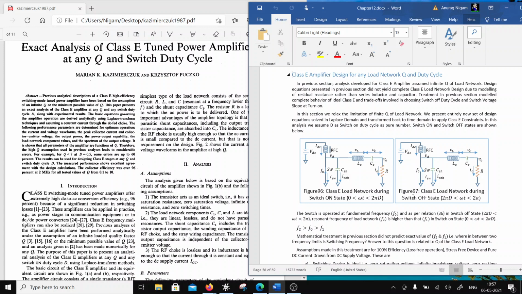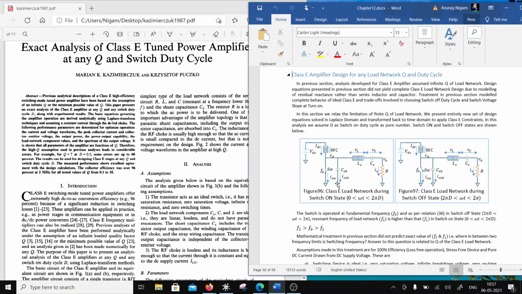Now in figure 97 the switch is off, so in this case CSH is part of the circuit. If I consider a Kirchhoff loop in figures 96 and 97 for the output network, then I can see that there are going to be two frequencies.